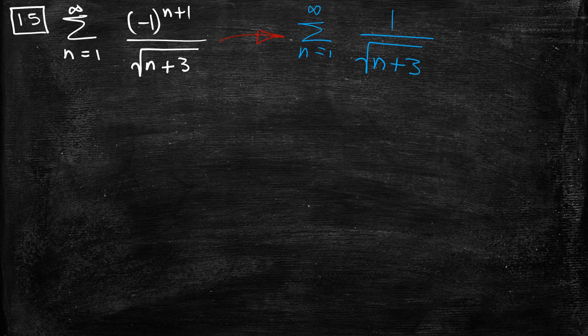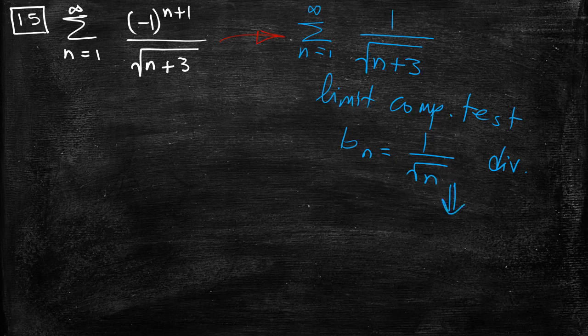Again, you can use your knowledge from the 14 examples we did before, and figure this out using the limit comparison test with bn equal to 1 over the square root of n, which is divergent. You can solve this by yourself, and you will figure out this series is divergent.